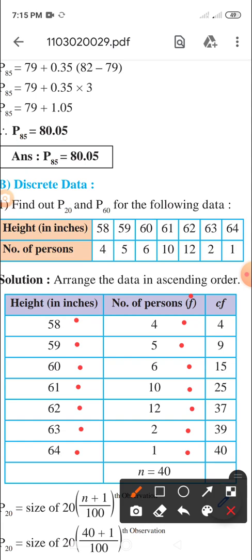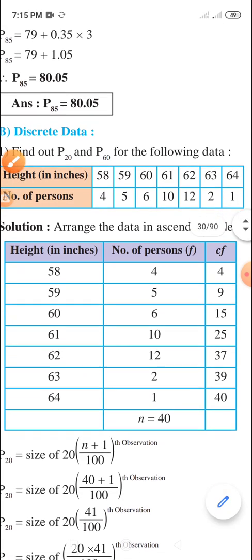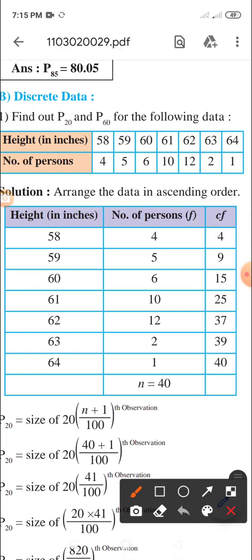Next step, find out the value of n: 4 plus 5, 9; 9 plus 6, 15; 15 plus 10, 25; 25 plus 12, 37; 37 plus 2, 39; and 39 plus 1, 40. That is the value of n. Here n is equal to 40, the summation of all these frequencies.